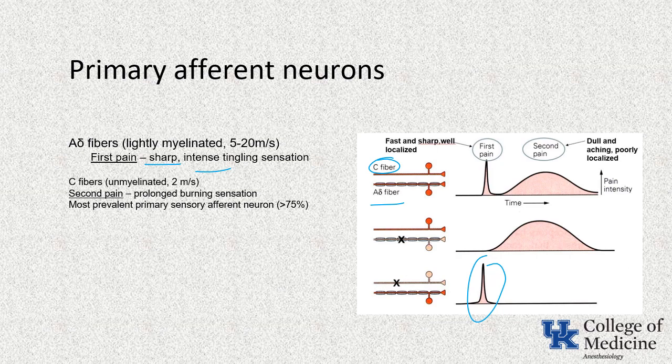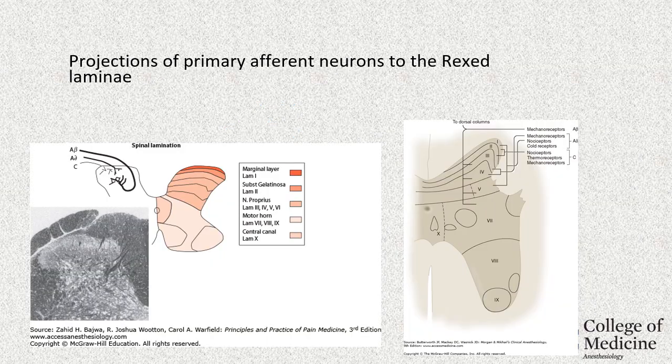And that is going to be your C fibers, because the time it takes for that signal to reach the brain is longer, as these travel 2 meters per second versus 5 to 20 meters per second with A delta fibers. C fibers are the most prevalent. These fibers are about 75% of our pain fibers in the body.